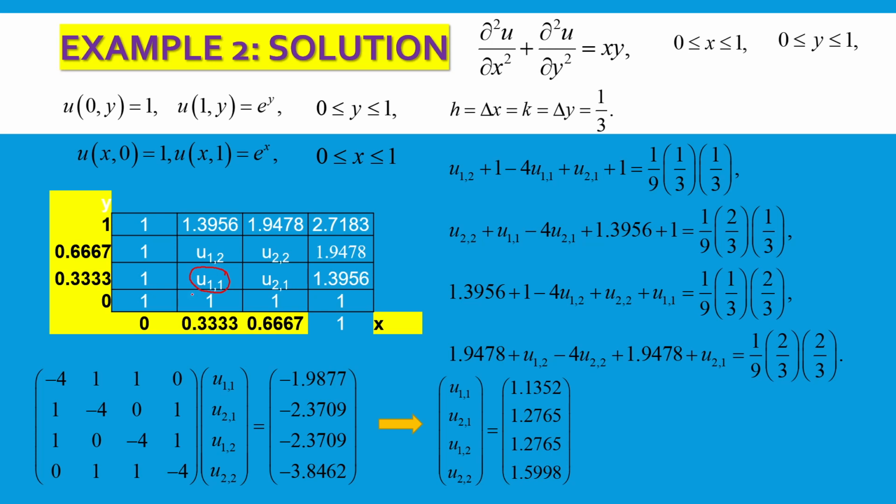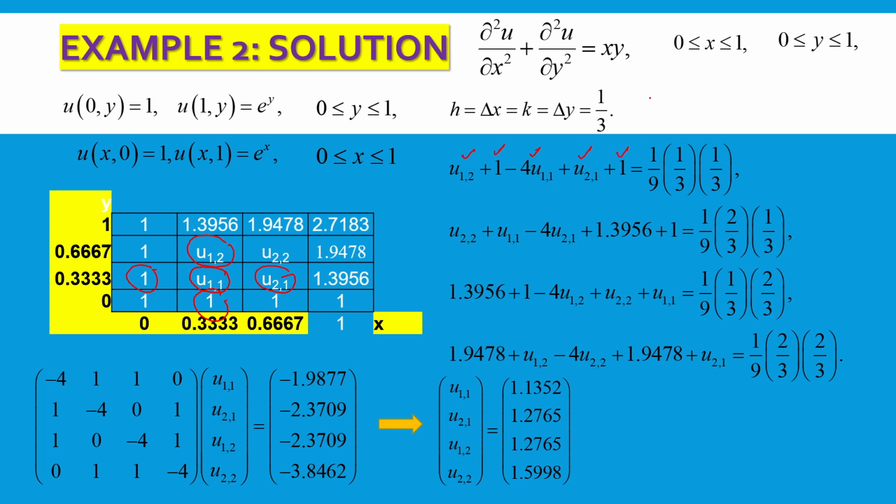So for the first equation, we target the center as u11. So top, this is left, this is right, this is bottom. So the first equation has top 1 times u12 plus left 1, center minus 4 u11, right u21, plus the bottom 1.